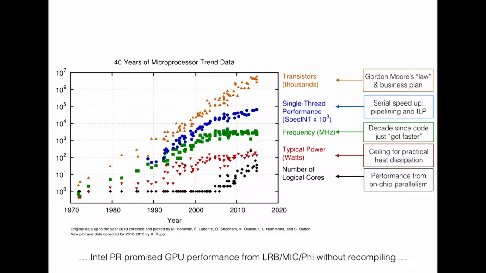Unfortunately, that model fell apart in the mid-2000s, about 2005, when they couldn't keep increasing the clock speed. So if you bought a CPU in 2006 and a half, it ran at the same speed as the CPU you bought in 2005, if you didn't do anything with your code.